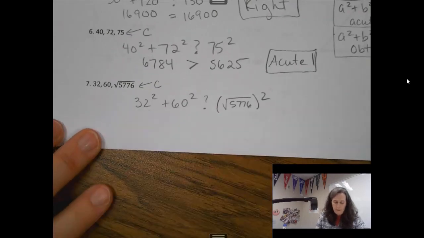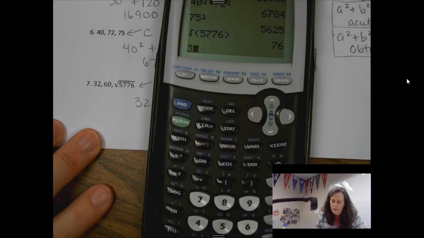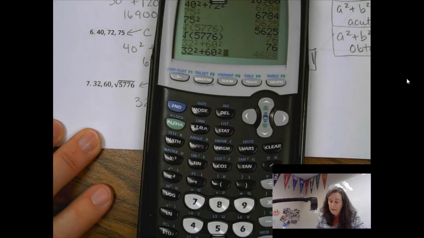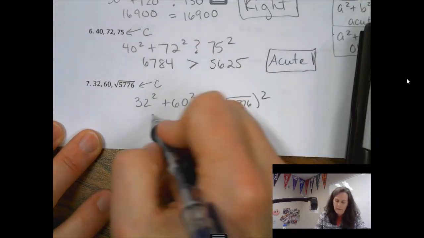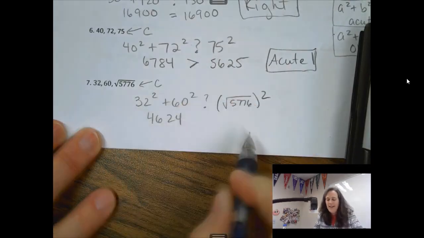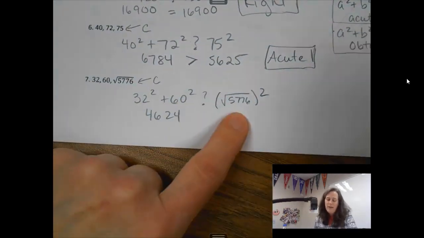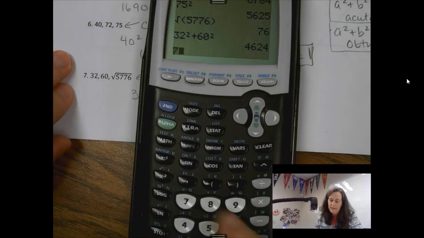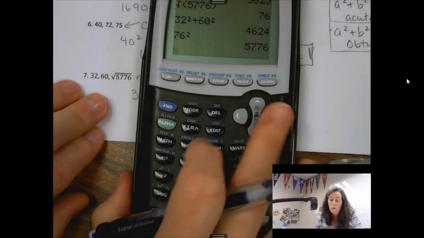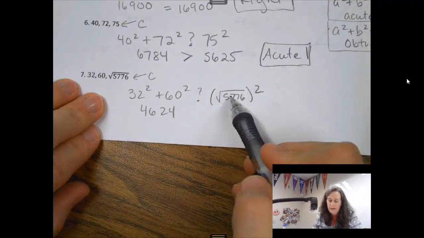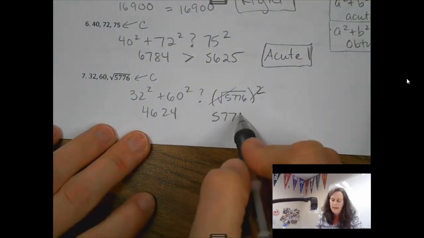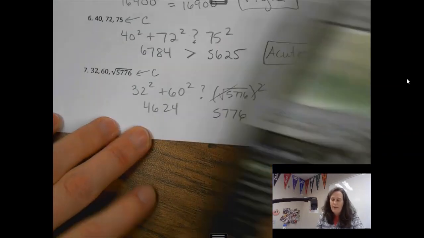Okay. 32 squared plus 60 squared is 4,624. And then I guess what I need to do there, if I'm taking the square root of it and then I'm squaring it again. So actually, I could either do this 76 squared, or I could say I'm squaring a square root. Those guys cancel each other out. Either way, however you want to think about that.